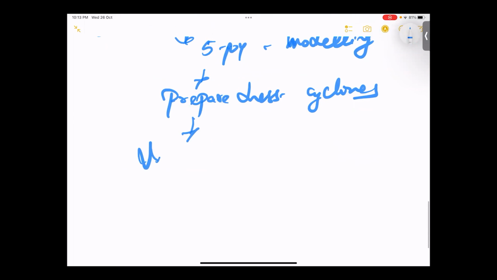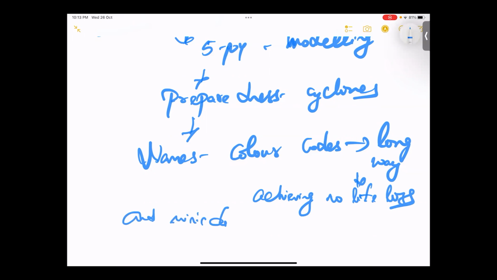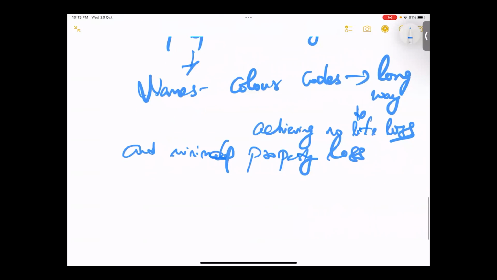Along with the names, the color codes can go a long way in achieving no life loss and minimal property loss. Zero property loss is impossible, so minimal property loss during cyclones. Clear?